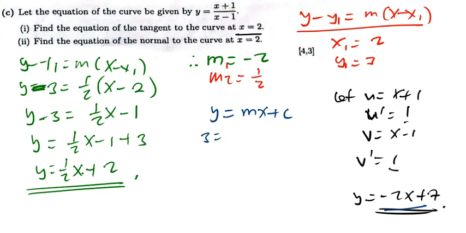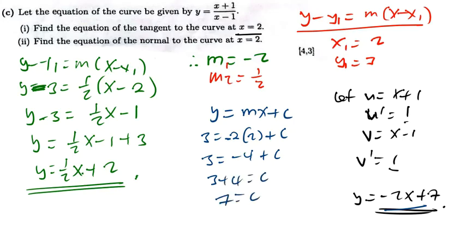The gradient is negative 2. Then we have x is 2, plus c. So we have 3 being equal to negative 4 plus c. Shift 4 to the other side, so 7 is my c.